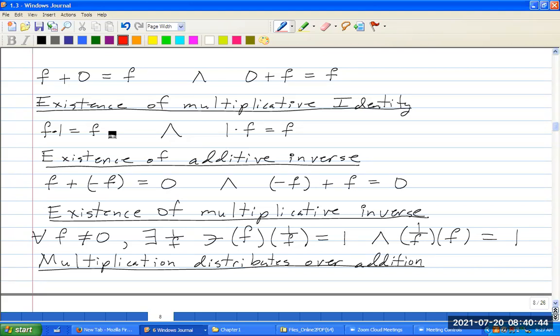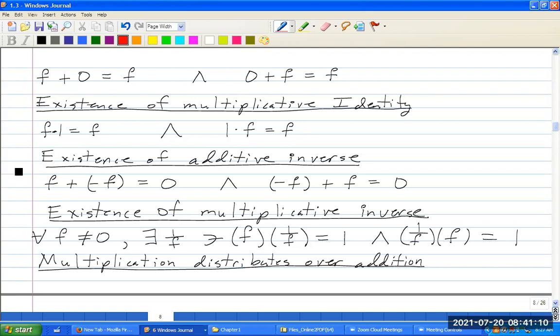And so the 1 function is a right multiplicative identity, and by the fact that multiplication of functions is commutative, I have that the 1 function is also a left multiplicative identity.